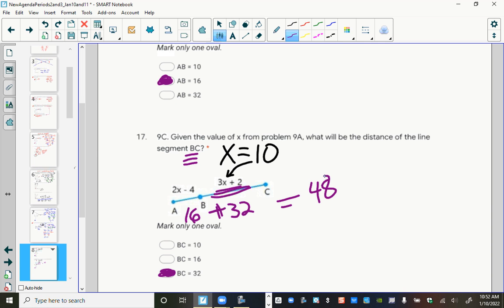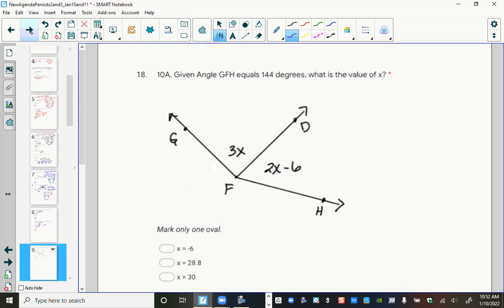So for the next two problems, again, the key is going to be the setup. It's similar to what we did with the segment, but it's now going to be an angle. On the next page, here's what they're saying: angle GFH.